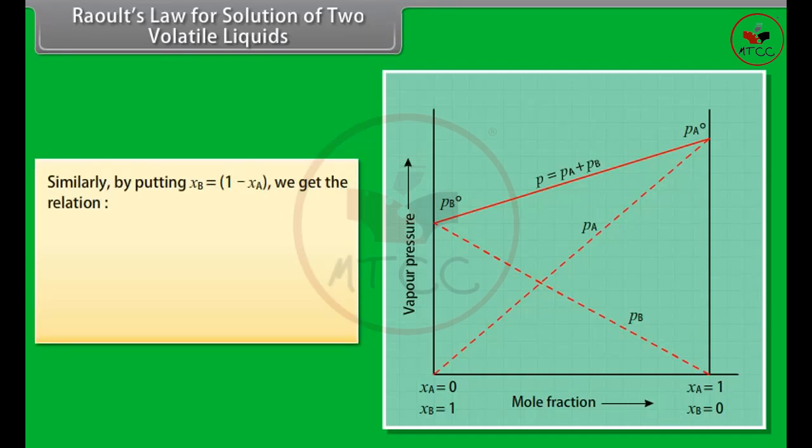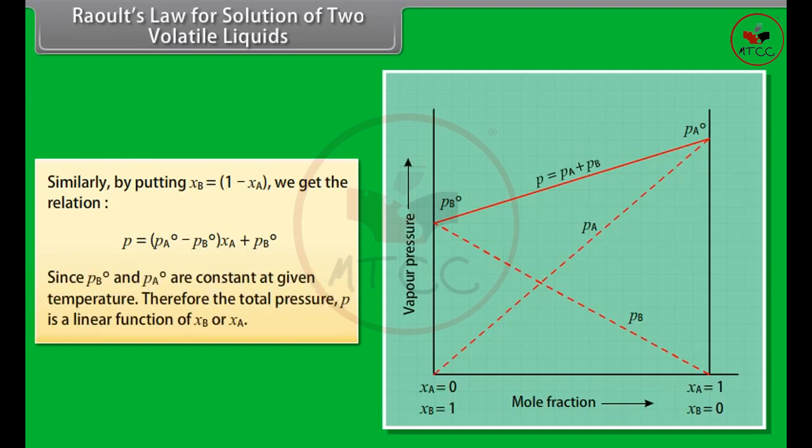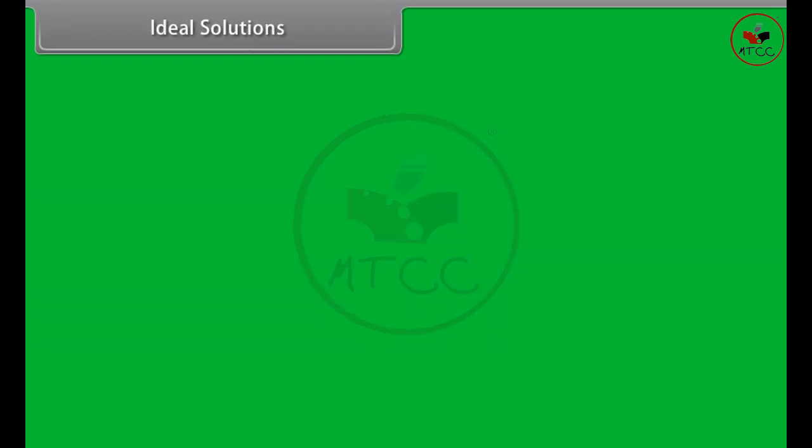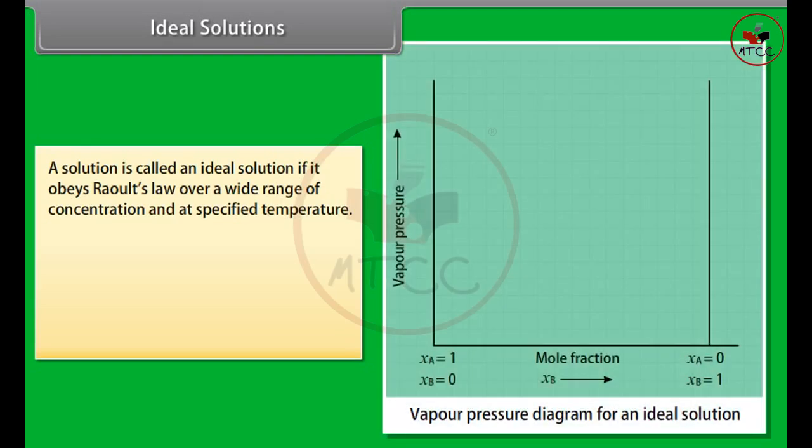Similarly, by putting XB = 1 - XA, we get the relation P = (PA⁰ - PB⁰) XA + PB⁰. Since PB⁰ and PA⁰ are constant at given temperature, therefore, the total pressure P is a linear function of XB or XA. Ideal solutions. A solution is called an ideal solution if it obeys Raoult's law over a wide range of concentration and at specified temperature.